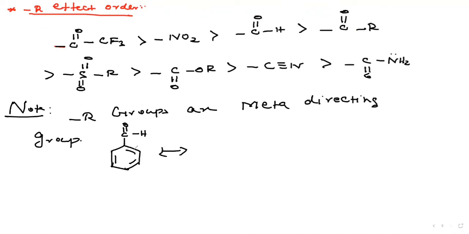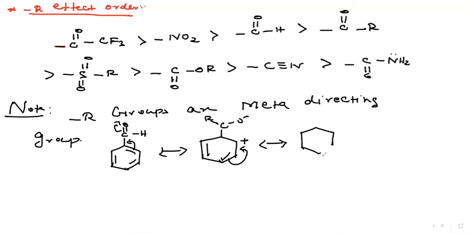Similarly, I take a benzoate. Now, we shifted to here, right? Therefore, what is the structure? Carbon carrying a positive charge, and C, O minus and R. And again, this electron shifts to here, creating a positive charge here, right? Therefore, carbon here has a positive charge, then C double bond O minus and R. And again, this electron shifted in this direction.